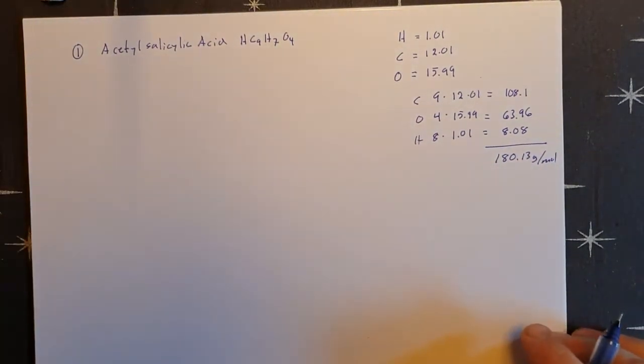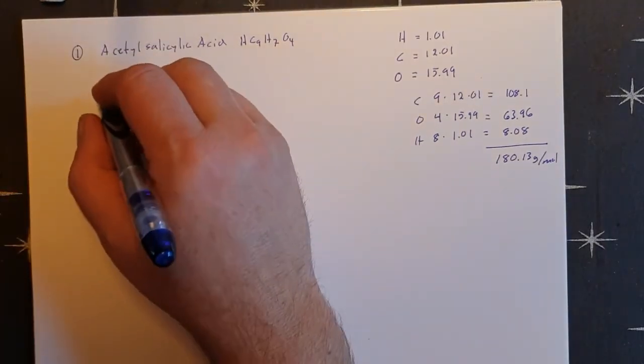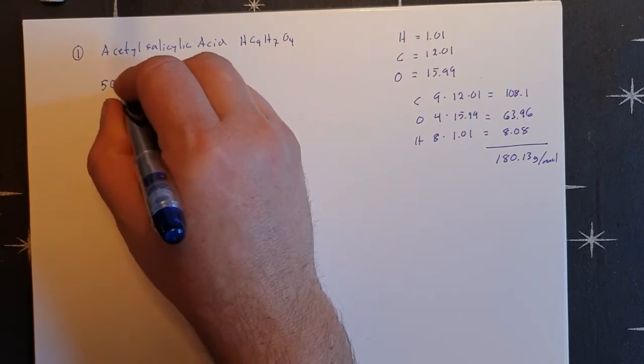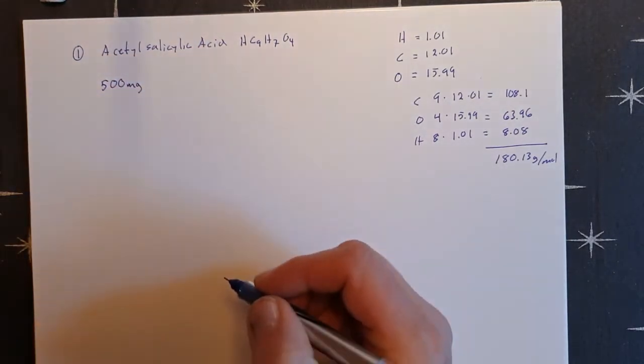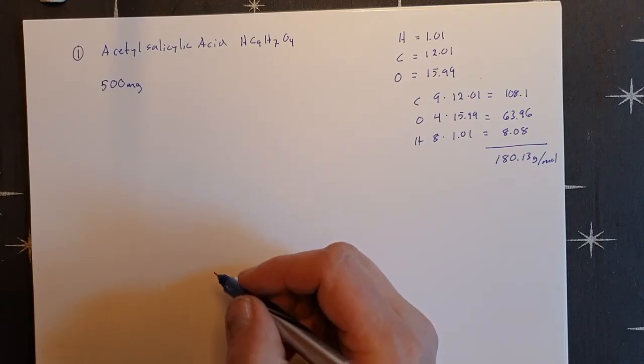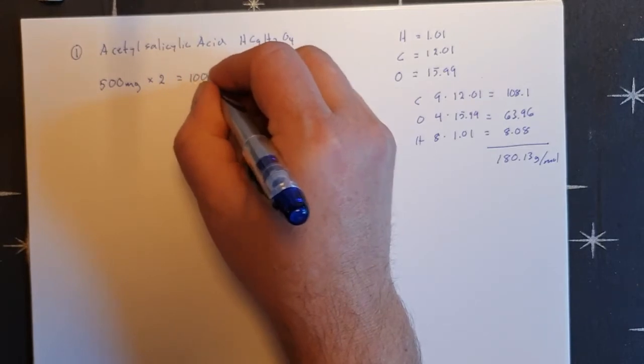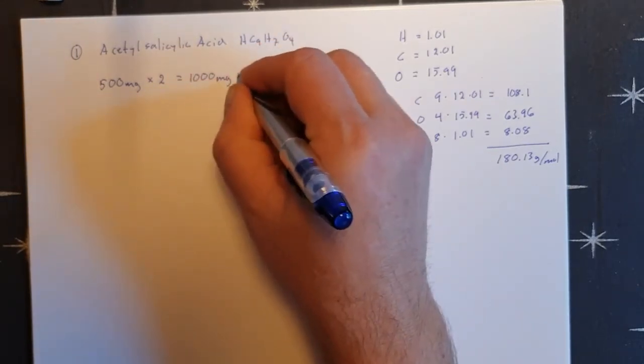The question tells us that we're using 2 extra strength aspirin tablets. And an extra strength aspirin tablet has 500 milligrams of acetyl salicylic acid in it. We're going to do that times 2. So that's 1,000 milligrams or 1 gram.